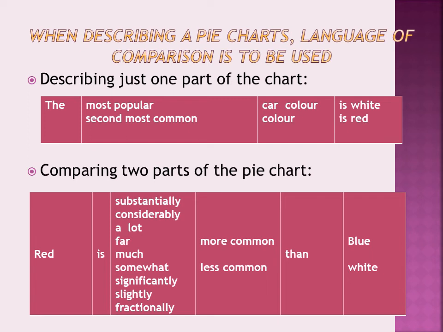Red is considerably more common than blue, or we can say red is significantly less common than white, or we can make different types of sentences from the table. You can take a screenshot of these tables so that you can recall them afterwards, and they will obviously help you to learn better.